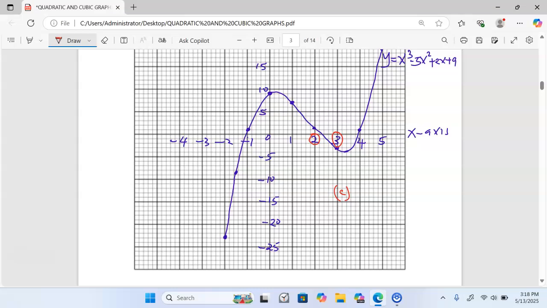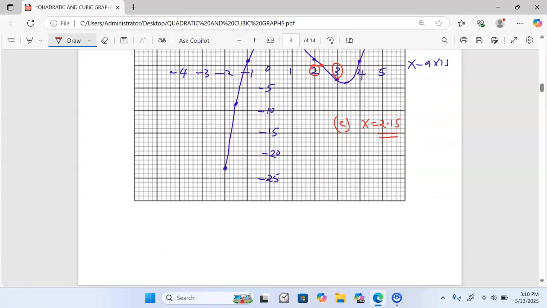We are basically going to pick where this particular curve intersects with the x-axis so that we can read the value of x at that point. If you look at this clearly, the value of x is around 2.15. Of course, we are going to have an error of plus or minus 0.1. And by so doing, now we have solved that particular part very well.